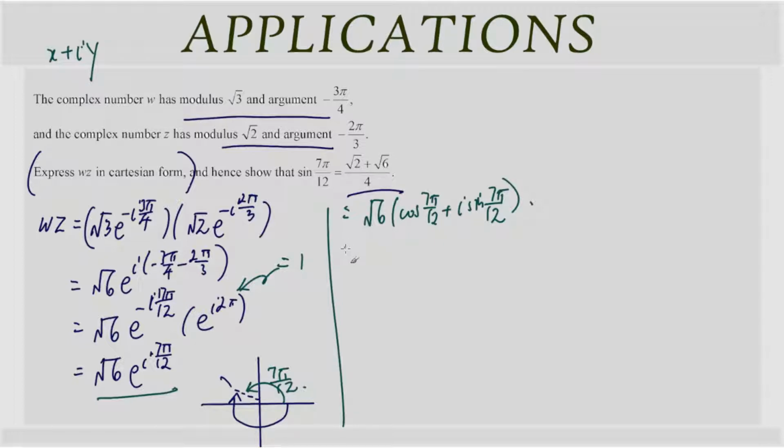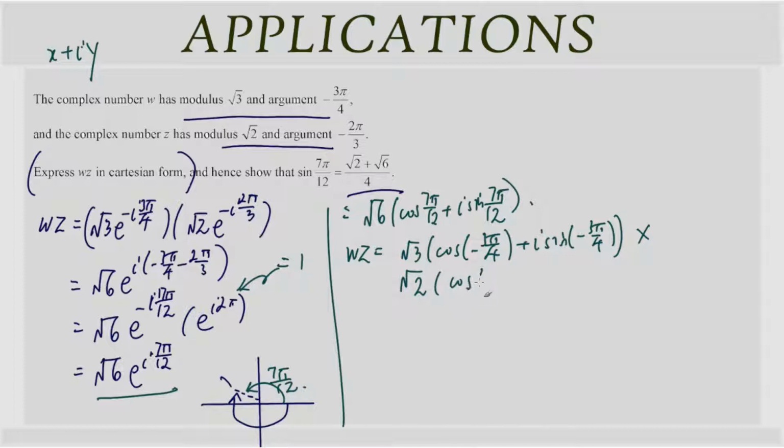So we have wz is also equal to root 3 of cosine of negative 3 pi over 4 plus i sine of negative 3 pi over 4, whole thing times z, so write next line because there's no space, root 2 times cosine of negative 2 pi over 3 plus i sine of negative 2 pi over 3.